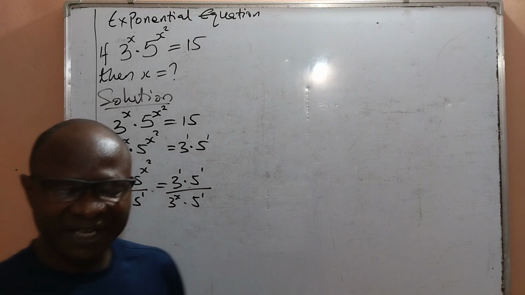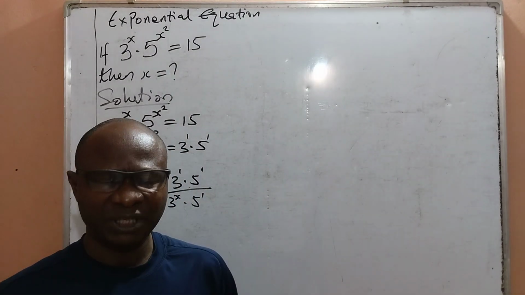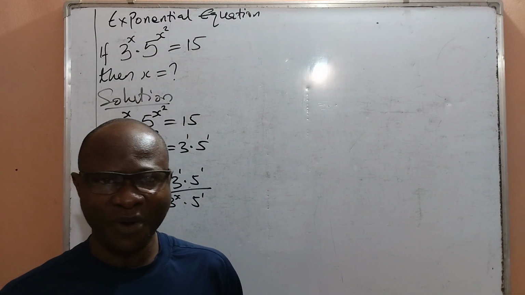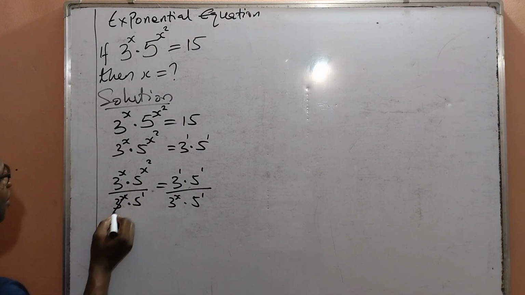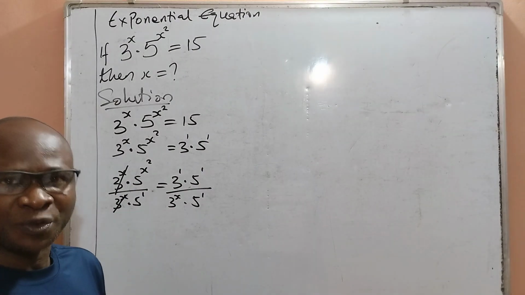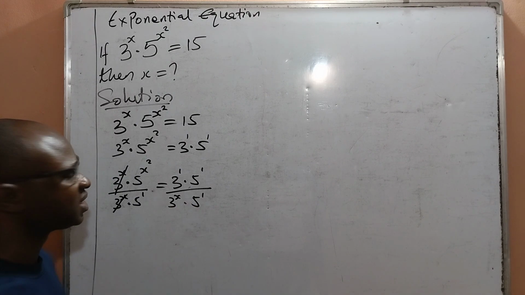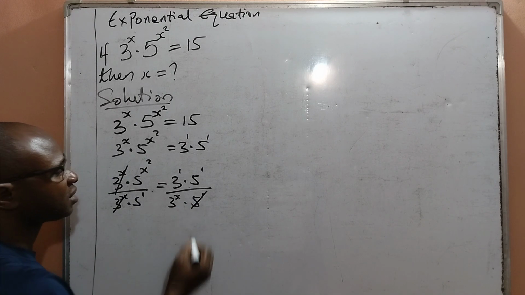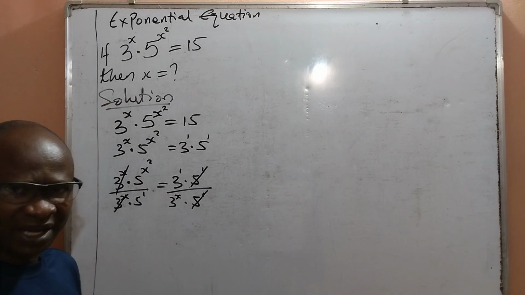When that happens, you will see from the left hand side that 3 raised to the power x will cancel out 3 raised to the power x at the numerator and denominator respectively. And also from the right hand side, 5 raised to the power 1 at the denominator will cancel with the 5 raised to the power 1 at the numerator.